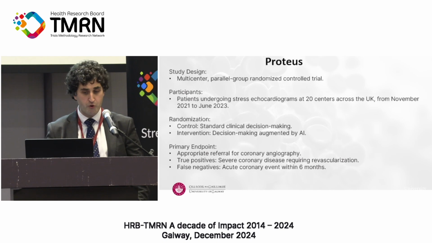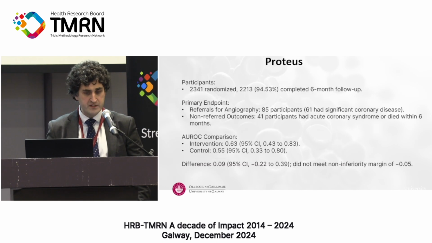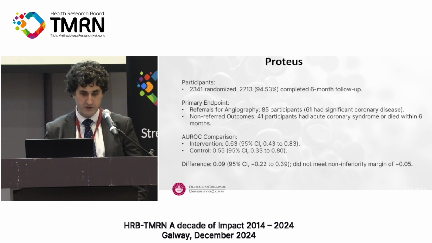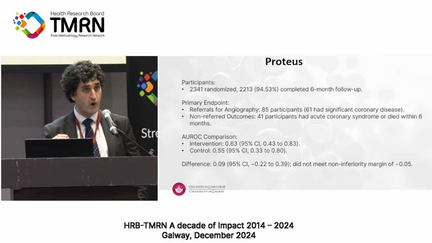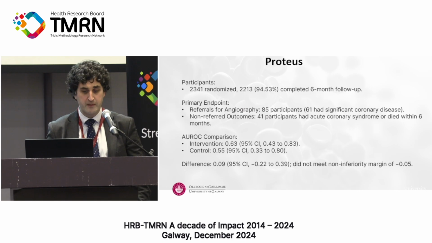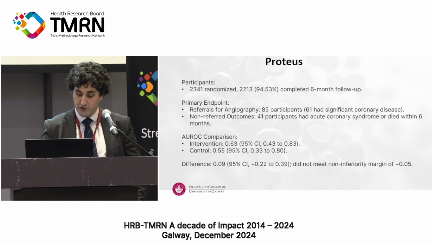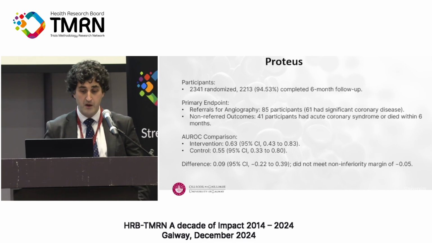And the primary endpoint was an appropriate referral for a coronary angiogram. So they recruited over 2,000 patients here, and they counted how many had the correct referral for an angiogram. And there was a slight improvement in the area under the receiver operating curve, but there wasn't a difference that met their non-inferiority margin. So this is something on the face of it that should improve things, should speed things up, but when a trial was done, it actually didn't.